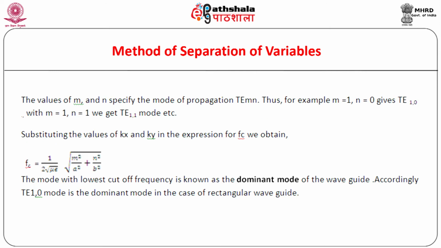The values of m and n specify the mode of propagation, TE m n. Thus, for example, m is equal to 1, n is equal to 0 gives TE10 mode.